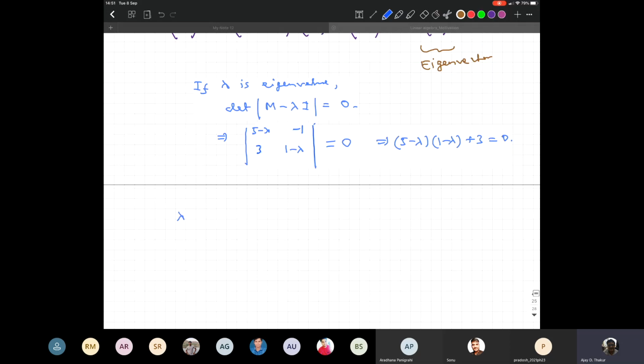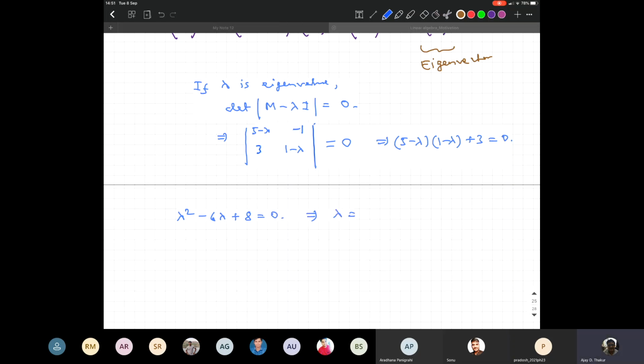That is lambda squared minus 6 lambda plus 5 plus 3, which is lambda squared minus 6 lambda plus 8 equals 0.